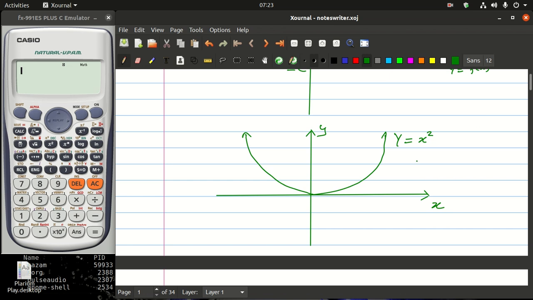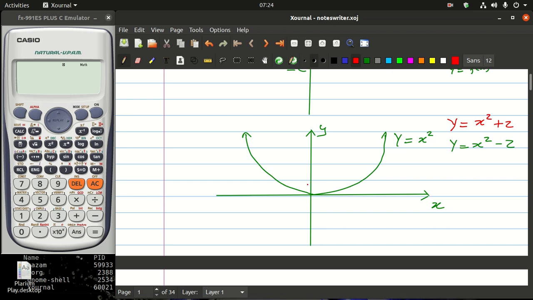Now I want to find out where will be y is equal to x squared plus 2, and also where will be y is equal to x squared minus 2. Having 2 positive, this graph is saying I want to shift this whole curve by 2 units up.